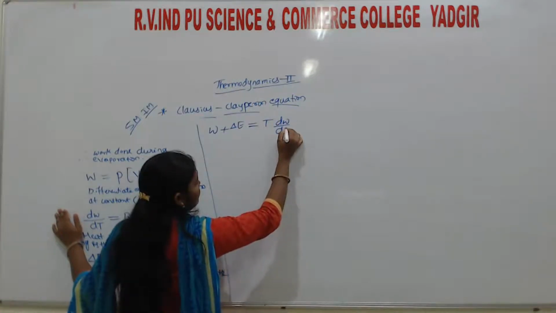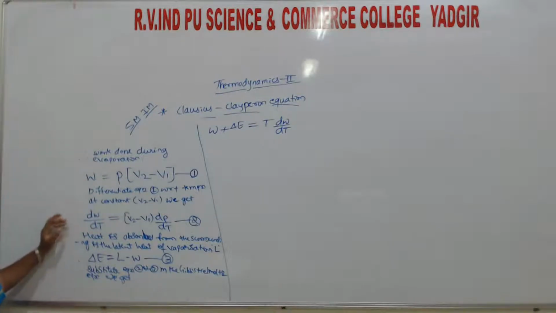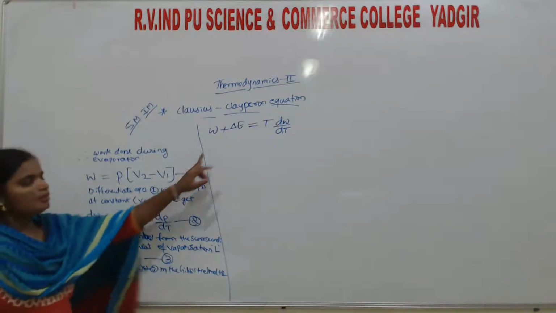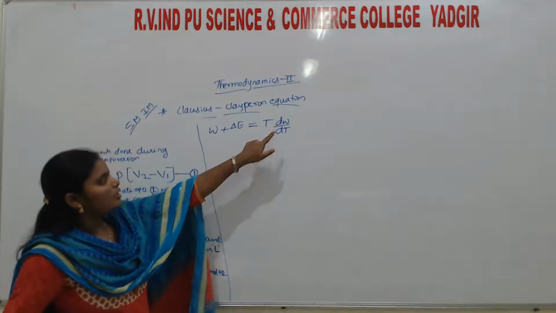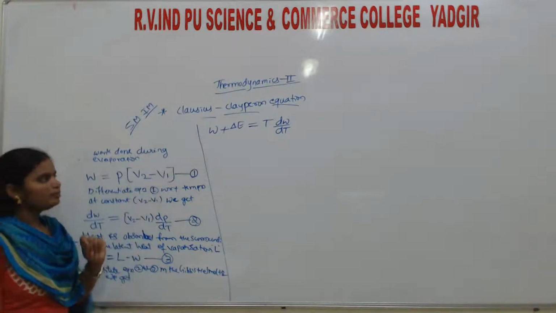You substitute equation number 2 and 3 in the Gibbs-Helmholtz equation, that is, W plus delta E is equal to T into dW divided by dT.